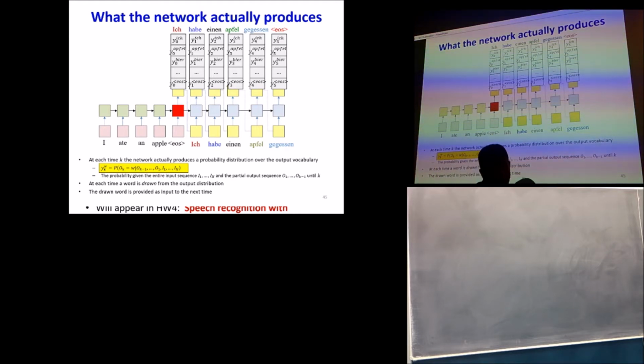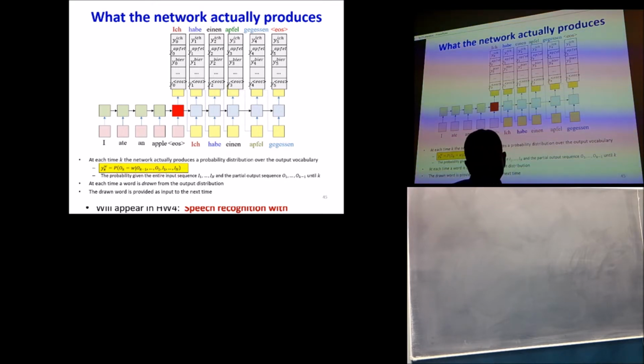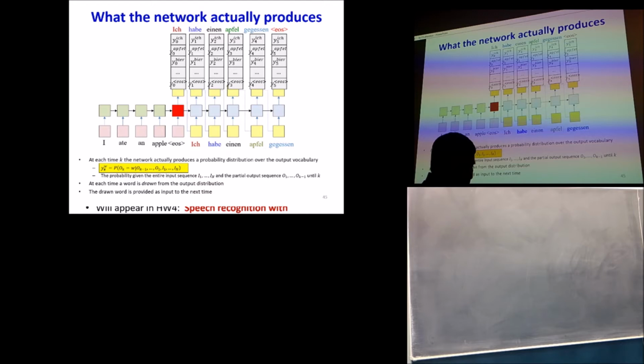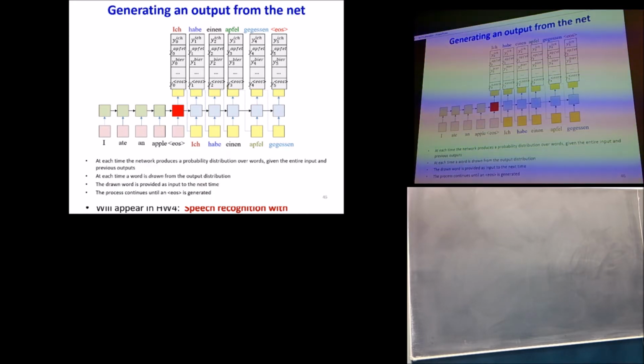Now, clearly, there's a certain degree of randomness if you're just thinking about it in terms of drawing, in that if you don't draw the end of sequence symbol for a very long time, the output sequence can be arbitrarily long. Now, in terms of computation, what exactly is happening?